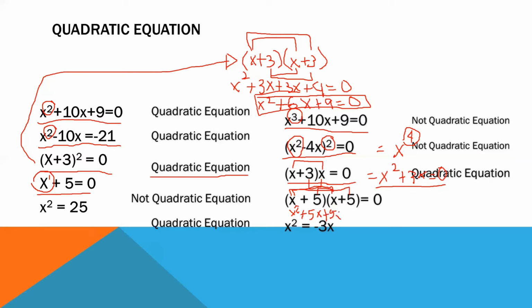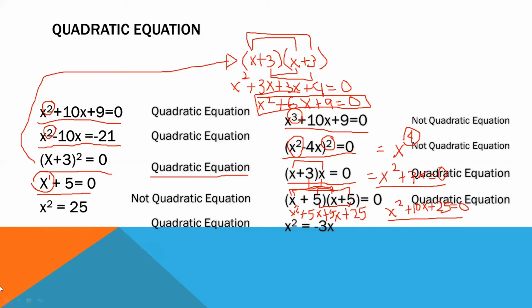And then, 5 times 5 is equal to 25. So, plus 25. Combine like terms, then the answer will be x squared plus 10x plus 25 is equal to 0. So, this equation is considered a quadratic equation.